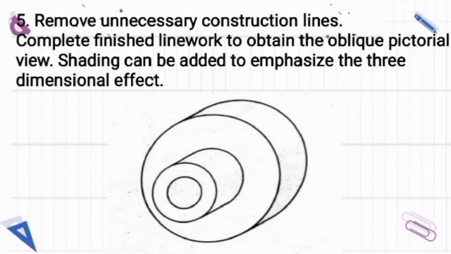At ang pinakang huli naman, ang sabi dito sa pinakang huling step is alisin na ang hindi kinakailangan linya ng construction. Tapos, kumpletuhin na ang natapos na line work para makuha ang pinakang oblique pictorial view. Maaari namang idagdag ang pagtatabing para bigyang diin ang 3 dimensional na effect.